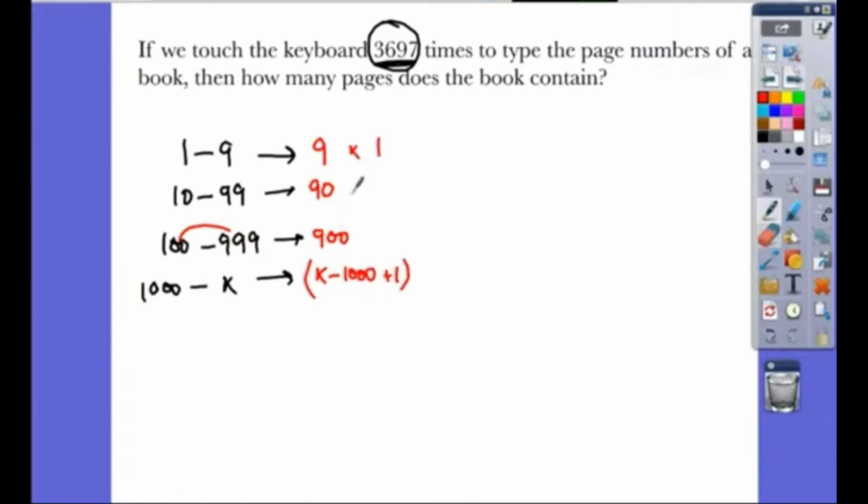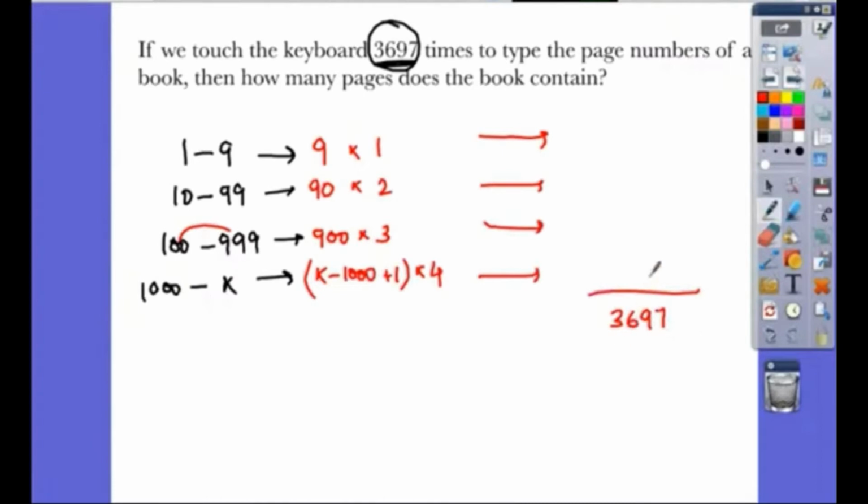Now this should be multiplied by 1, this by 2, this by 3, and this by 4. When you add all these, you get the answer as 3697. You know this is 9, this is 180, 2700. Find this value and then you can get the answer.